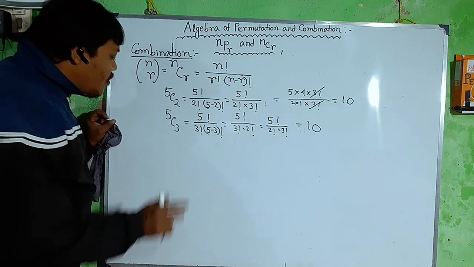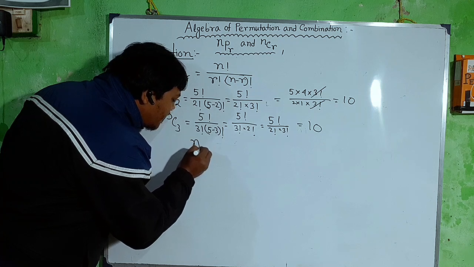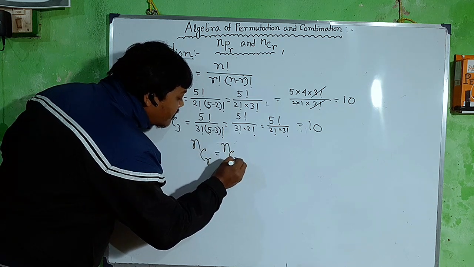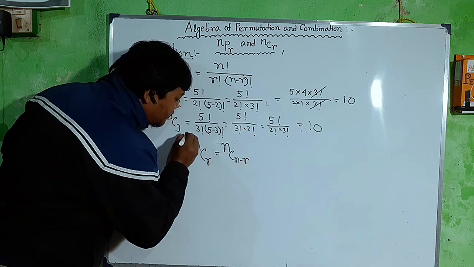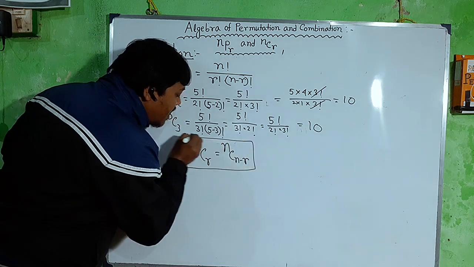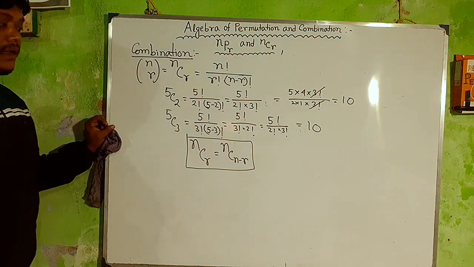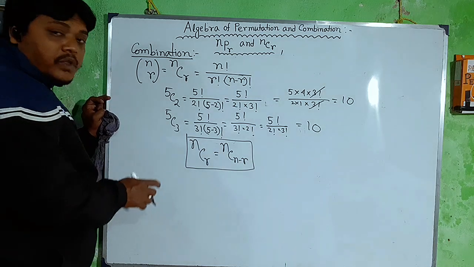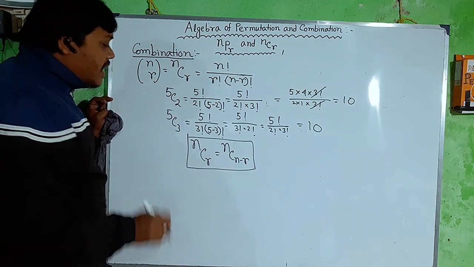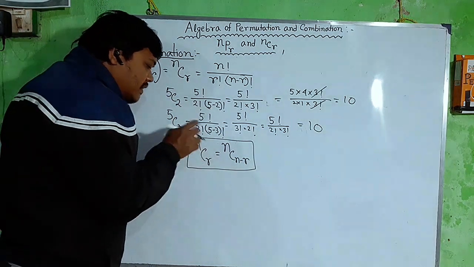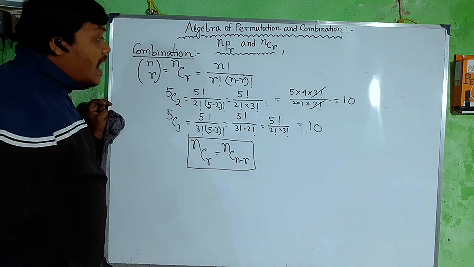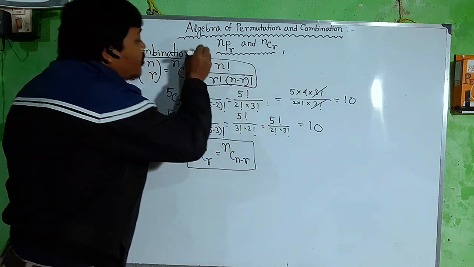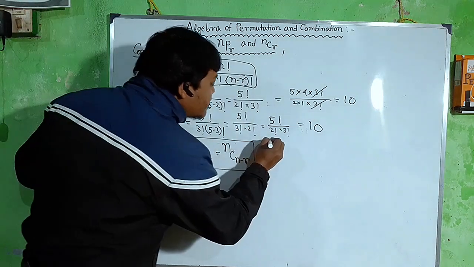So in this case we can explain that nCr and nC(n minus r) are both equal. How? This example certifies it, and you can calculate easily nCr and nC(n minus r).